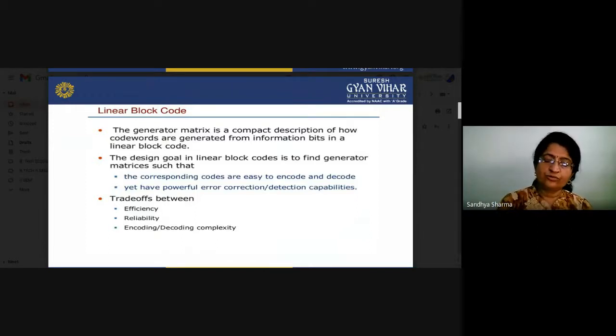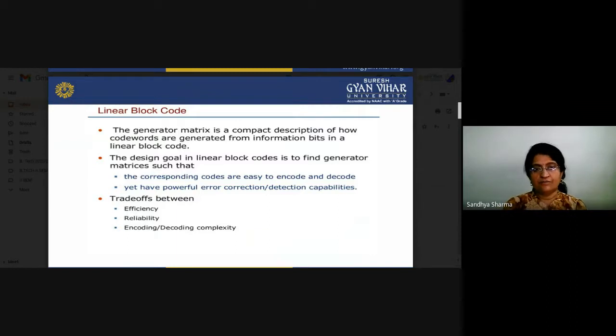So there are two important things in designing the linear block code. First, the corresponding codes are easy to encode and decode, so there is an easy method for encoding and decoding. Second, the error correction and detection capabilities should be powerful.